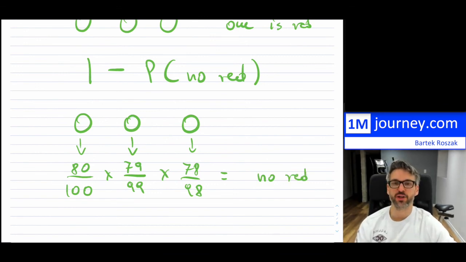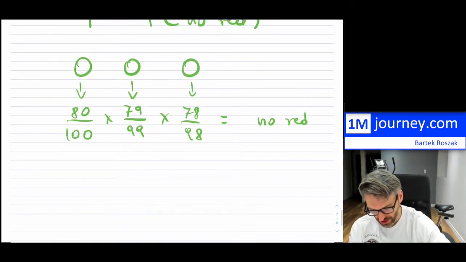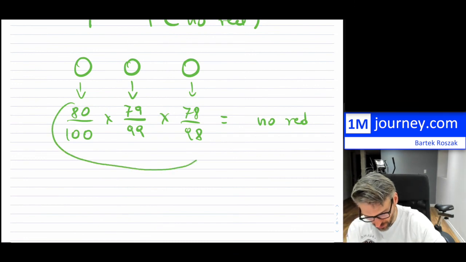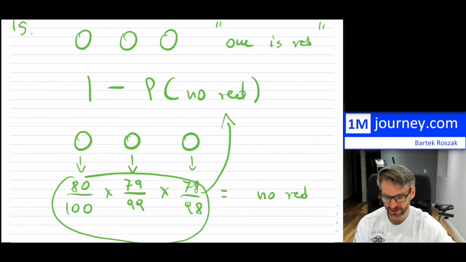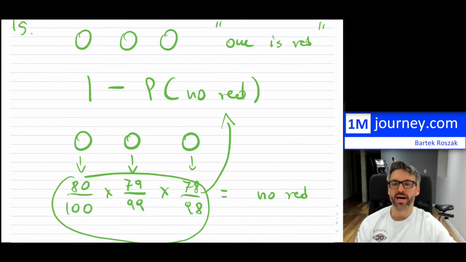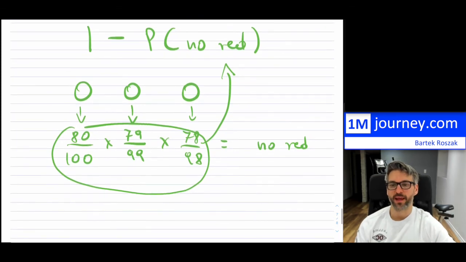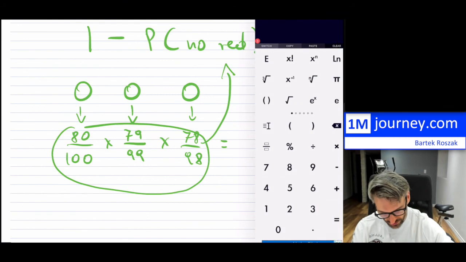If we take the complement of that, that means that at least one of them must be red, so either 1, 2, or 3. Those would be the probabilities. So you would multiply these out, substitute it back in, and say 1 minus the probability of no red at all, and then you can get your answer. All right, so let's do this one to finalize it.